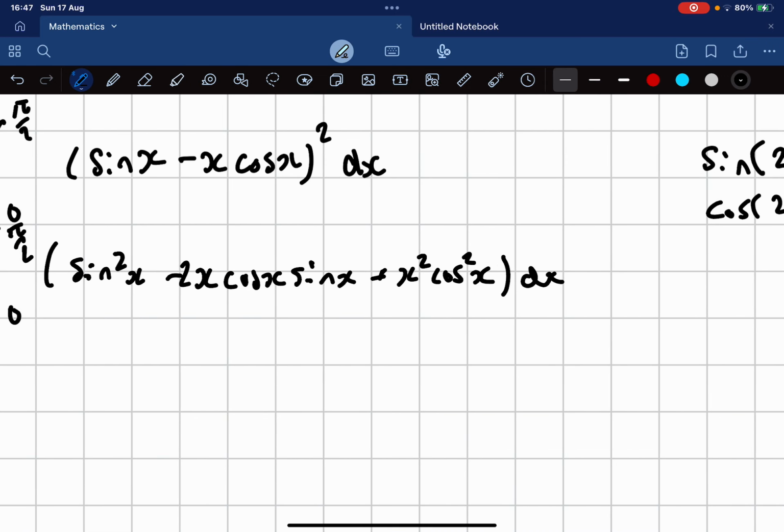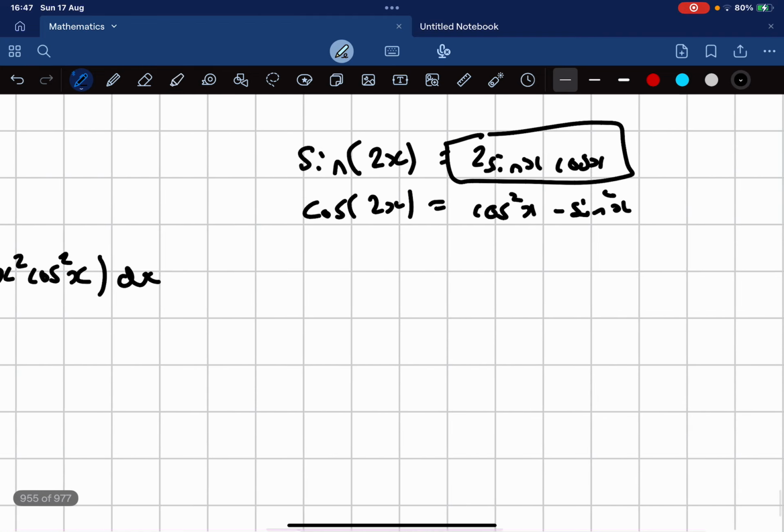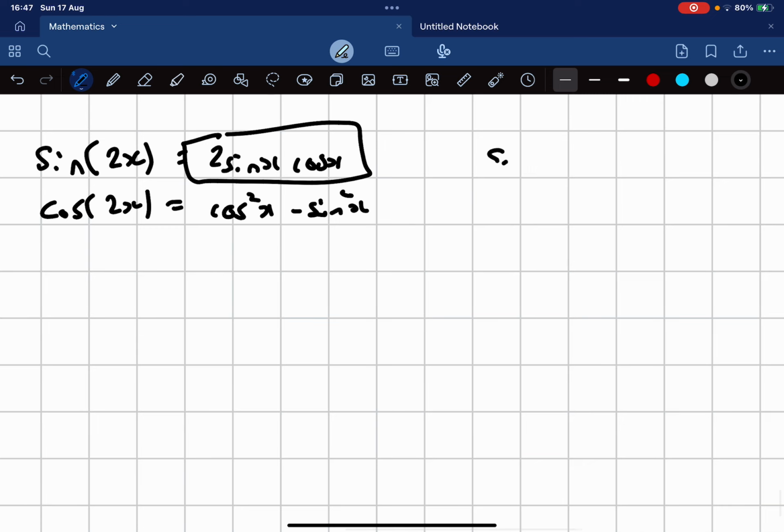But now we need to reduce these powers because they're difficult to integrate. So for this, we want to use our sine squared plus cos squared x equals 1. So sine squared is 1 minus cos squared x, and vice versa.